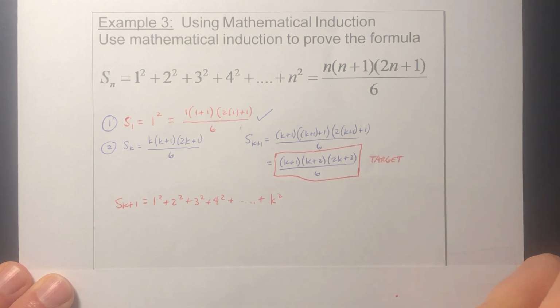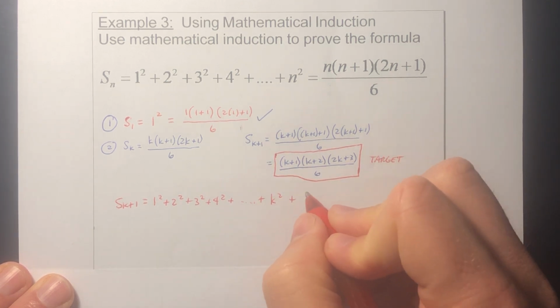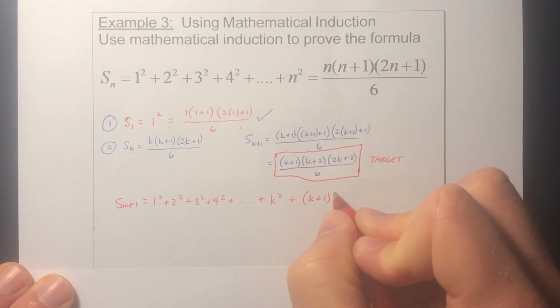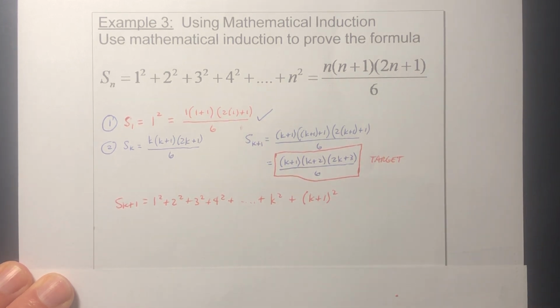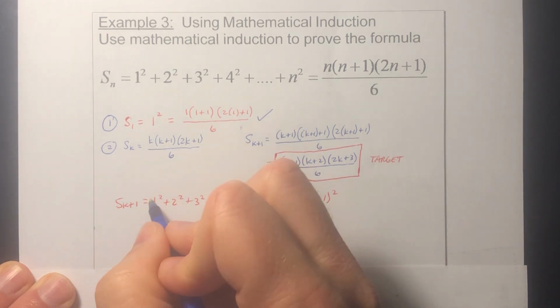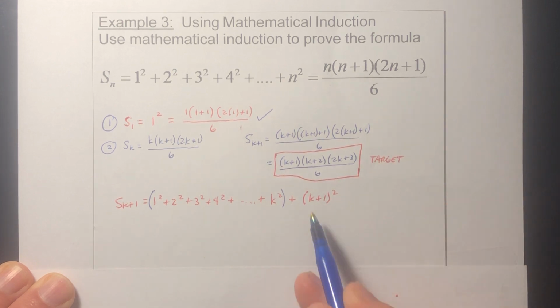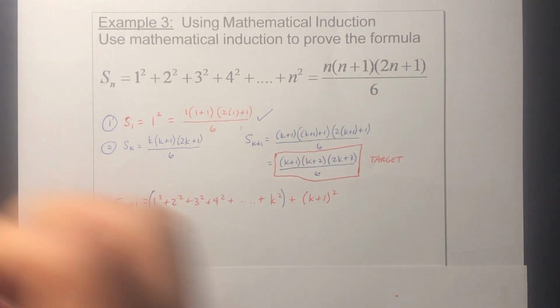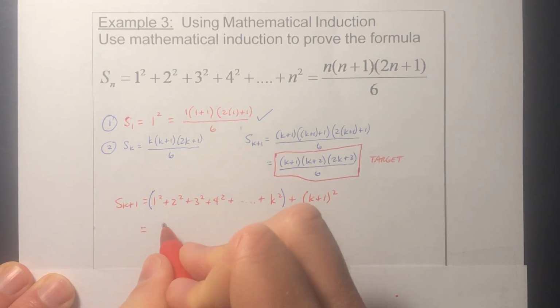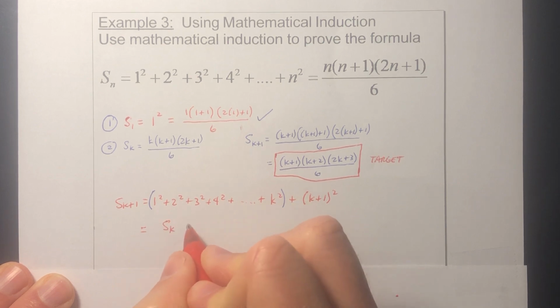Now we need to add the very next term. So that's going to be k plus 1 squared. So again, make sure it works for the very first term and then the next term. All right, now remember, this was the original sequence. We added the next term to this. So this part in the blue parentheses is your S sub k.